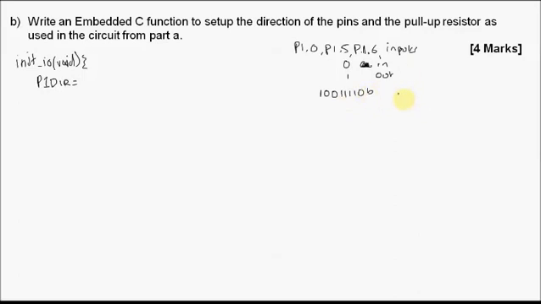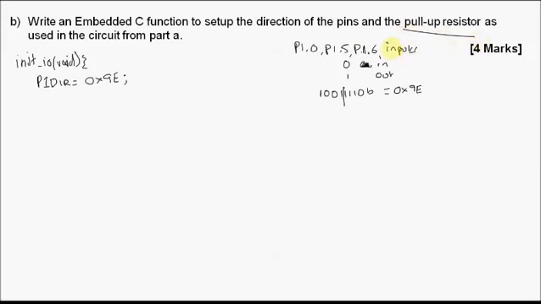So if we convert that into hex, because in C we can't deal directly with binary, we've got 0x9E. So we set all directions of the pins.